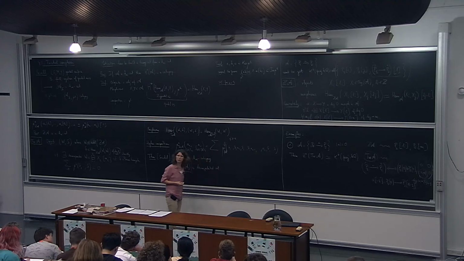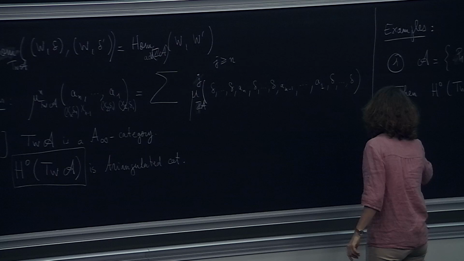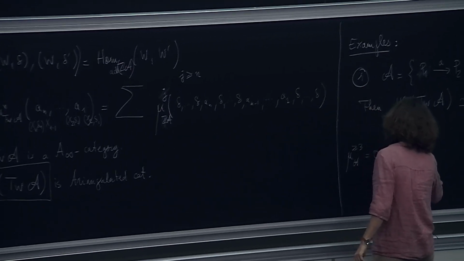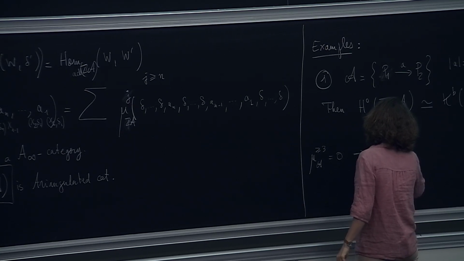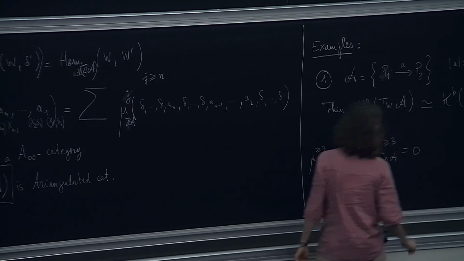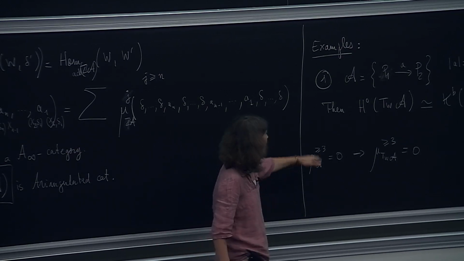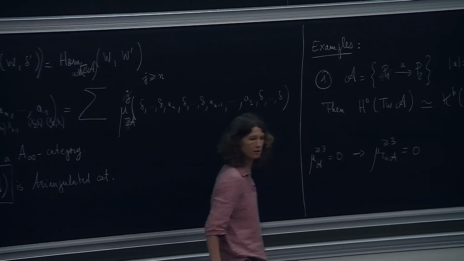So if my mu3 a here is 0, this implies that mu twist a is also 0.